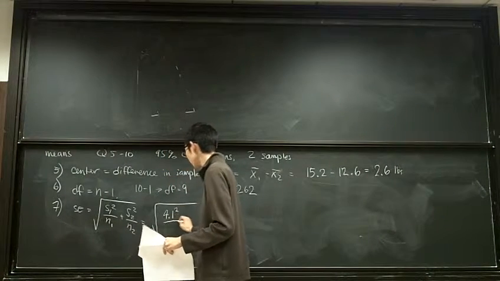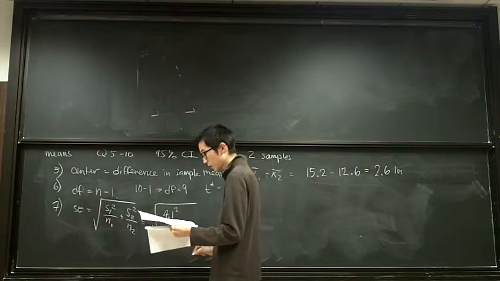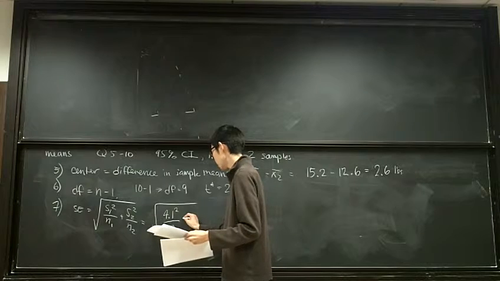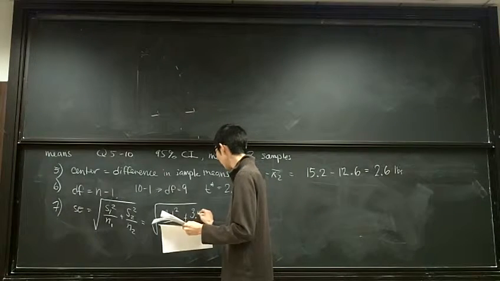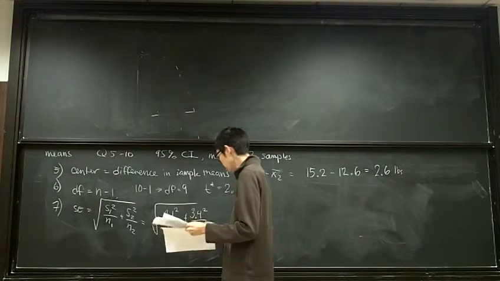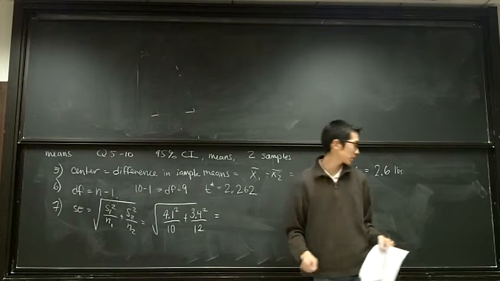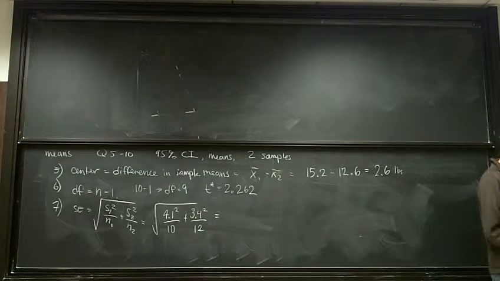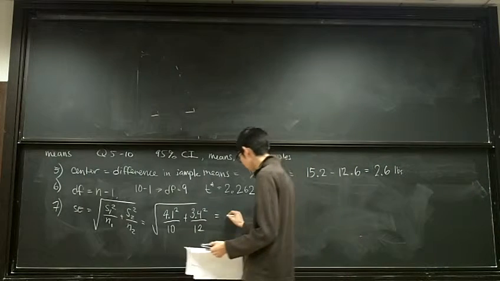I'm going to square that, divide by n1, which says I have 10 cows in diet 1. And then diet 2, the standard deviation is 3.4 pounds, and n2 is 12. At this point, I'm going to just punch this into the calculator. It's 1.626. Okay, great.